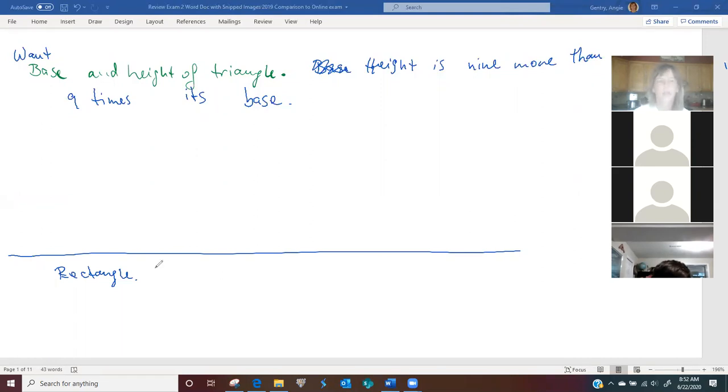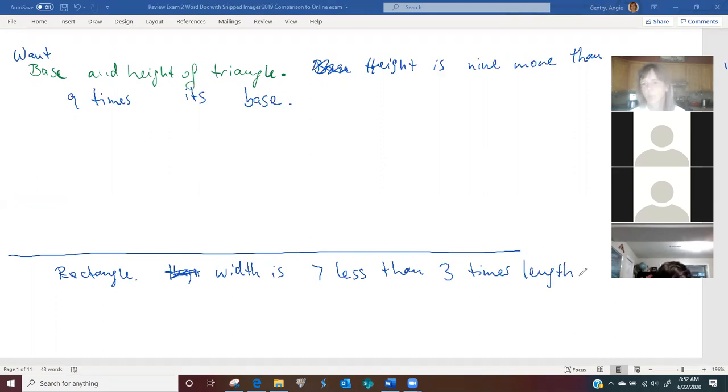Because it's the same thing. And the height or the width is 7 less than 3 times the length.